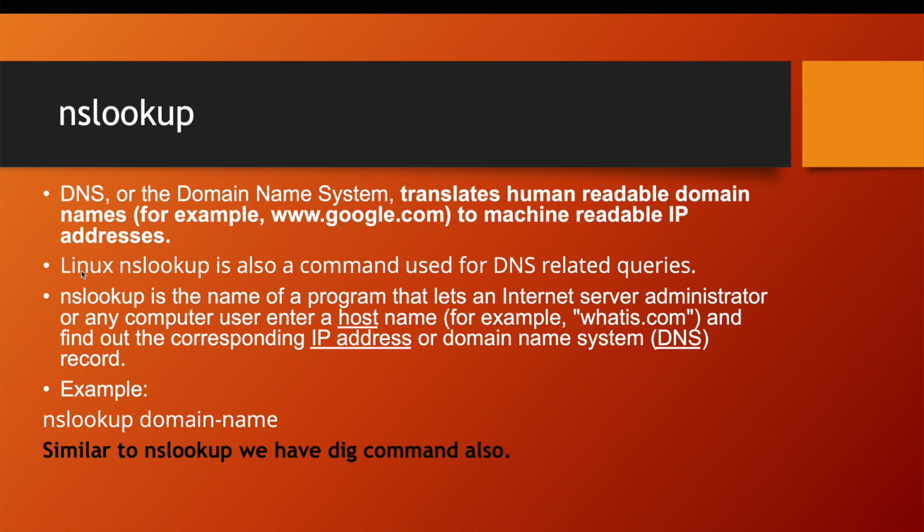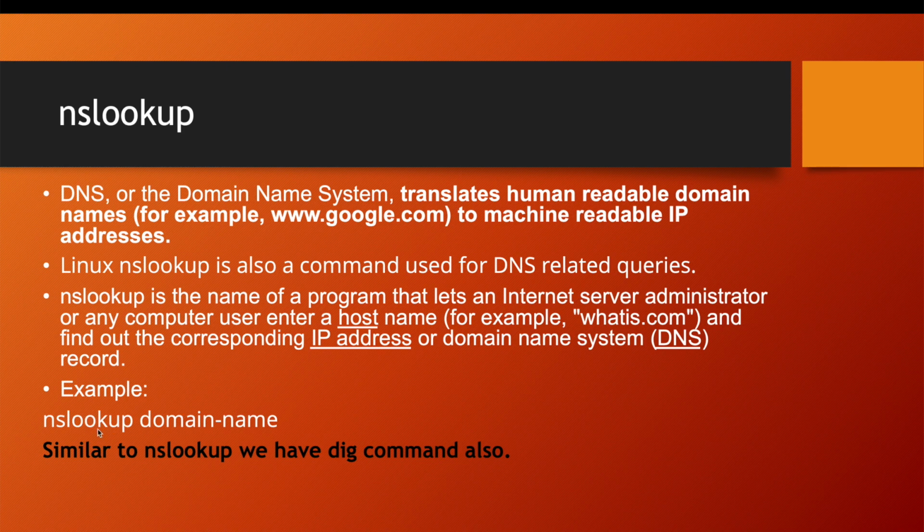As stated here, Linux nslookup is a command used for DNS related queries. It is the name of a program that lets an internet server administrator or any computer user enter a host name, for example www.google.com, and find out the corresponding IP address or the domain name system record.